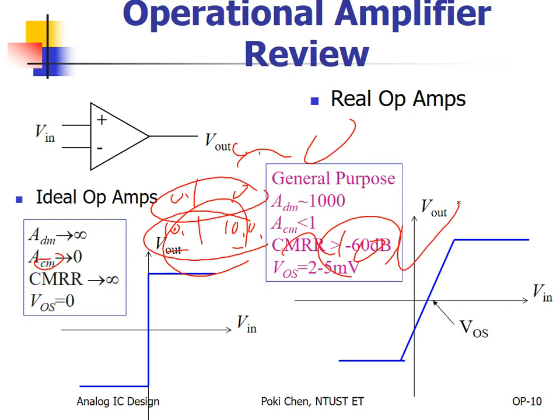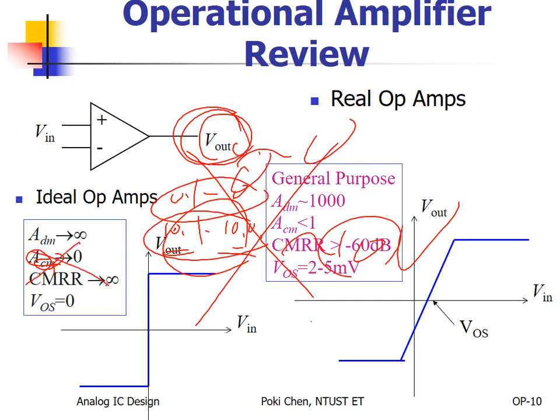Okay, in theory, we hope we only amplify the difference. So 0.1 and 0, 10.1 and 10. In theory, the output should be exactly the same, right? But sorry for that, in practice, they won't be the same. So we hope ACM, the common mode gain, will be 0. Never mind how large the common mode voltage is, we hope it doesn't have any kind of impact on your output. But in practice, no, forget about it.